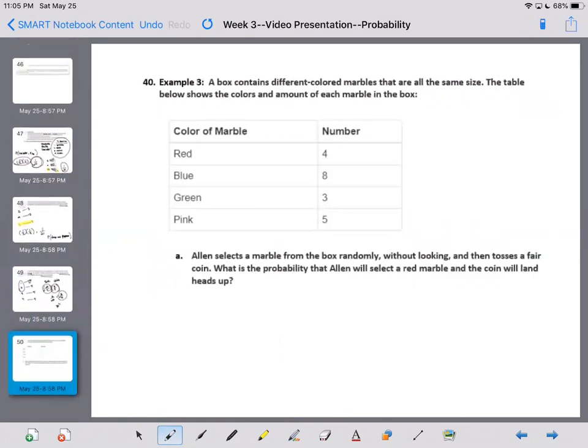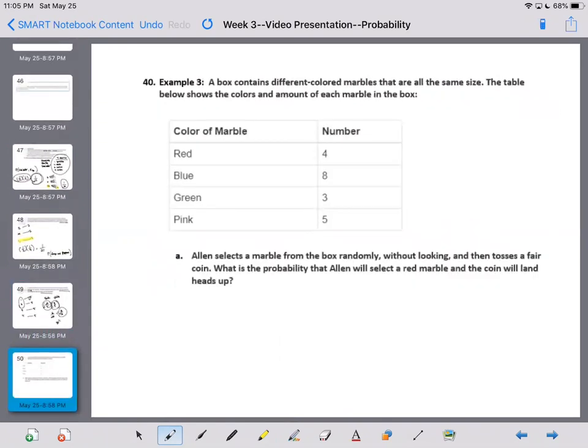And then finally, a box containing different colored marbles that are all the same size. The table below shows the colors and the amounts. Now, if we're looking at the possibility of Alan selecting a marble from the box and then tossing a fair coin, what's the probability that Alan will select a red marble and the coin will be heads up?